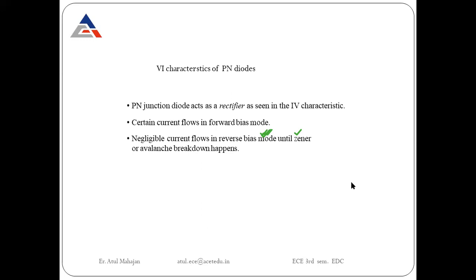The negligible reverse bias current only conducts in the avalanche or Zener breakdown regions. Otherwise, they are not conducting.